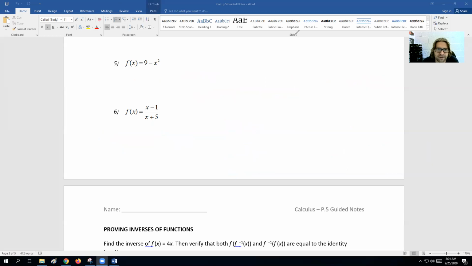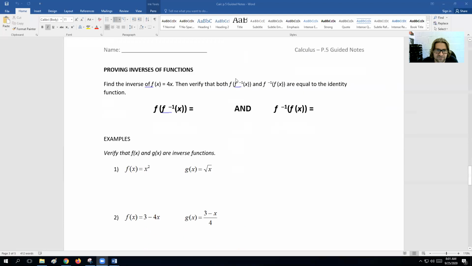Another thing that we can do is to verify that they are inverse functions. And we can do that by a really quick check here. All right, hopefully you can maybe do this in your head, but if I have f of x equals 4x, the inverse function of that would be, okay, switch them around, divide by 4, that'd be x over 4. So there's something really special here if we use our composite functions.